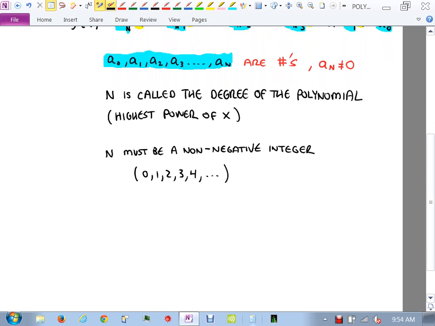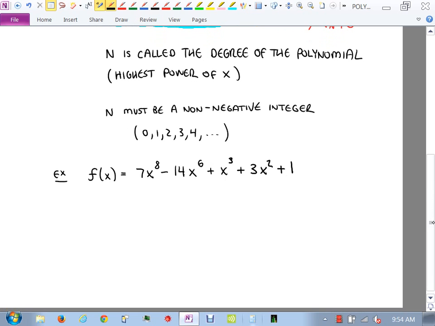All right? Here's an example. f of x is equal to 7x to the 8th minus 14x to the 6th plus x cubed plus 3x squared plus 1. Is that a polynomial function? Yes.